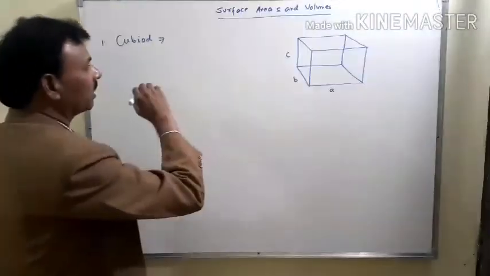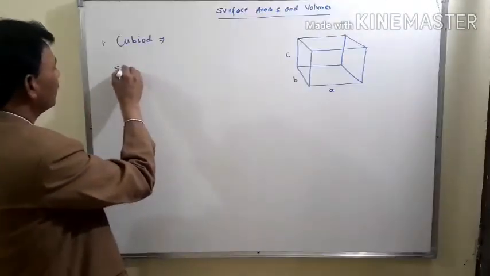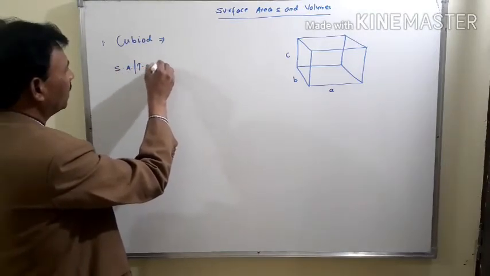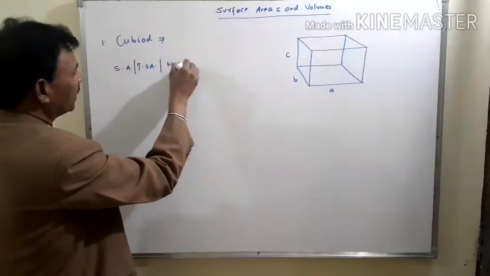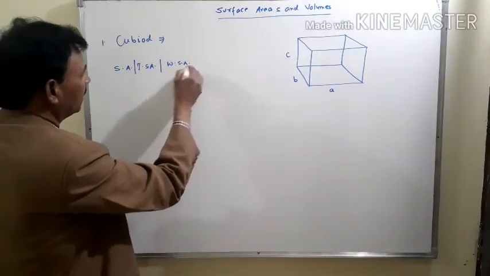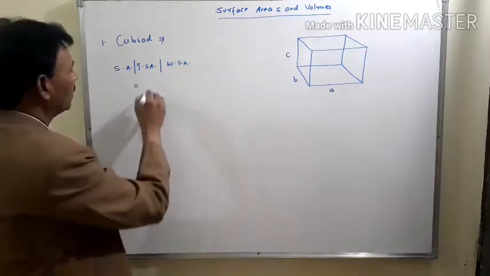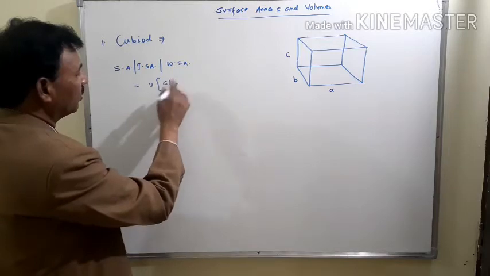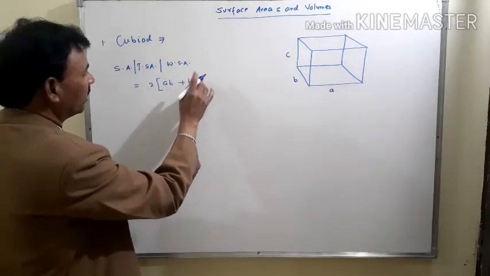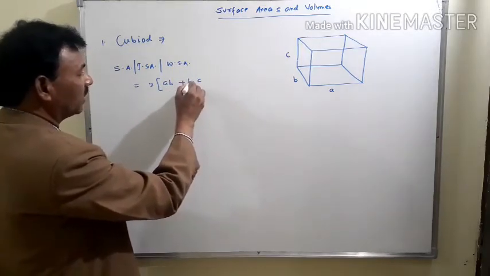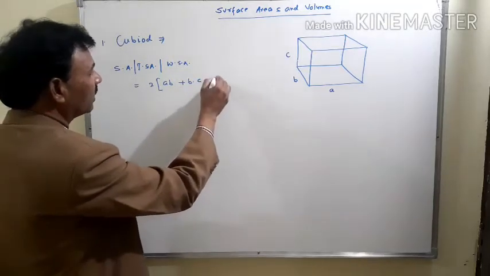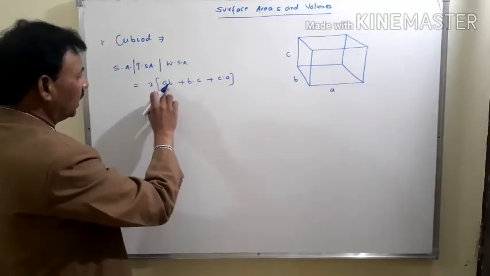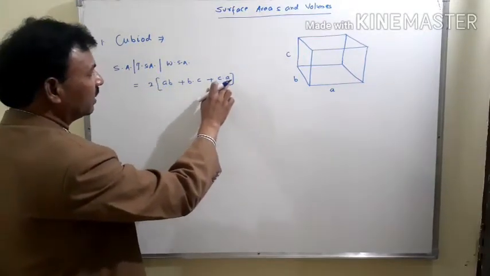And the formula for surface area of a cuboid: surface area, total surface area or whole surface area, these are all the same thing, and this will be equal to 2 into A into B, that means L into B, plus B into C, that means width into height, plus height into length. 2 into A into B plus B into C plus C into A.